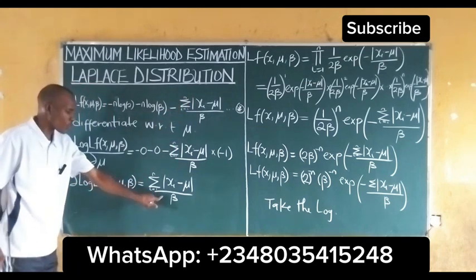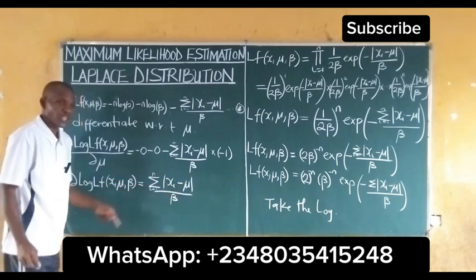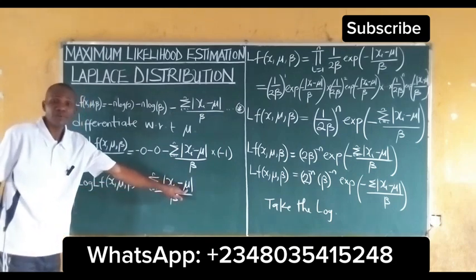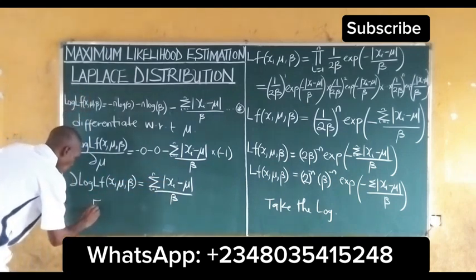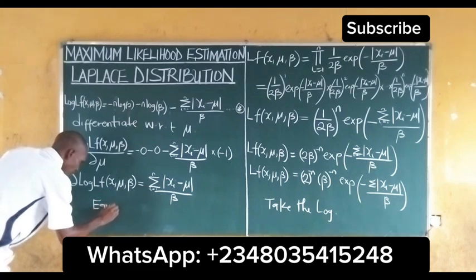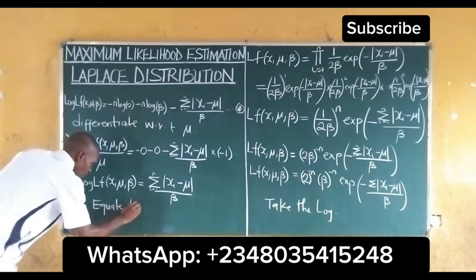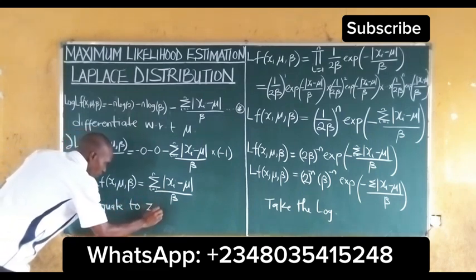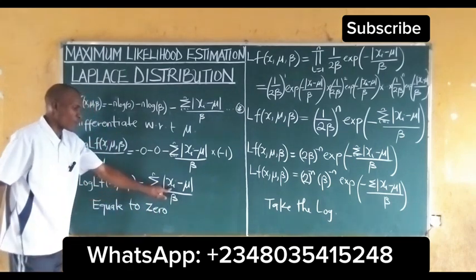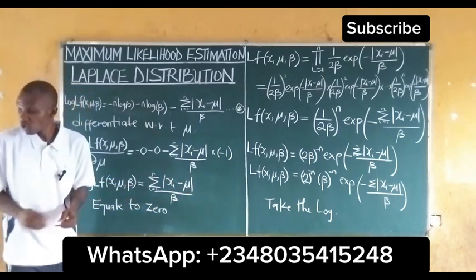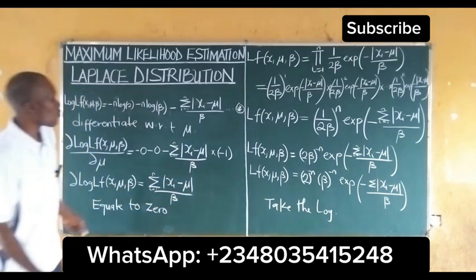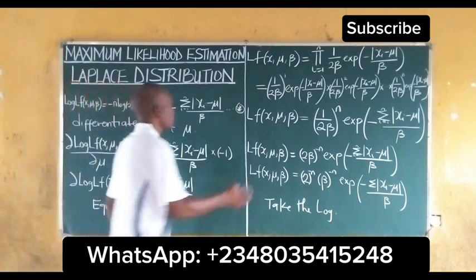The next thing to do is to equate the whole of this to 0 to maximize mu. So we equate it to 0 to maximize.